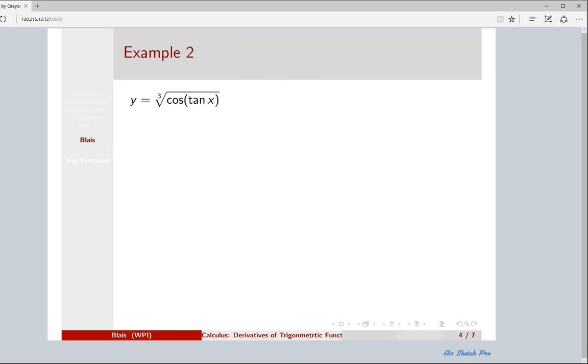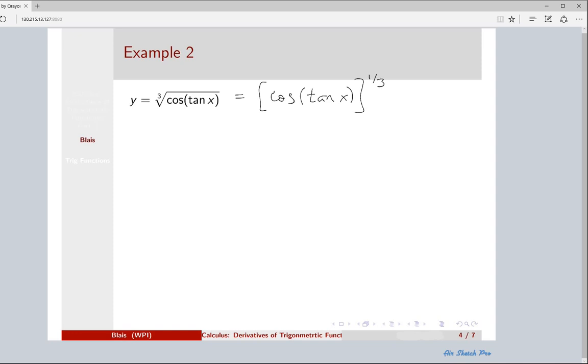Okay, let's look at another example, a more complicated example. So we have y is the cube root of cosine of tangent of x. Again, it's always easier to eliminate the root expressions and write things in terms of exponents.